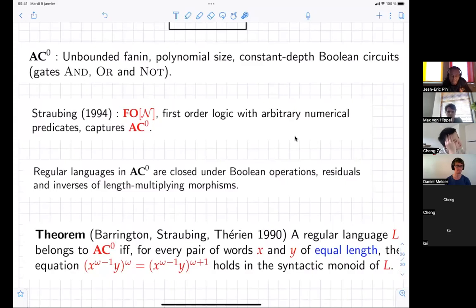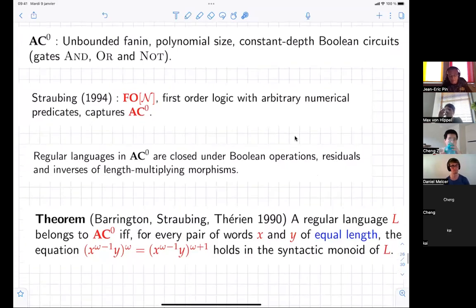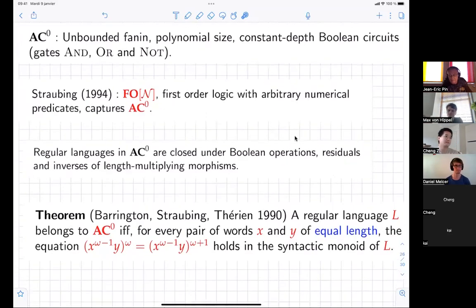That's the spirit of this theorem: to use regular languages to separate AC0 from other classes. And the problem is that this theorem, if I remember.